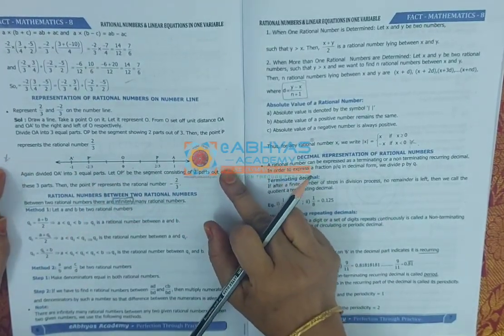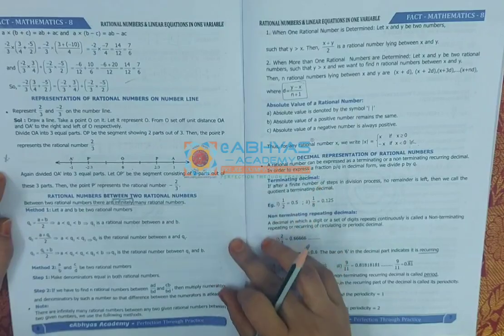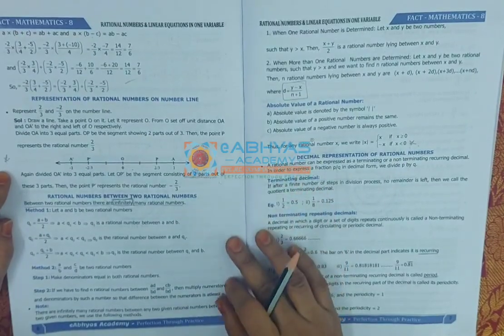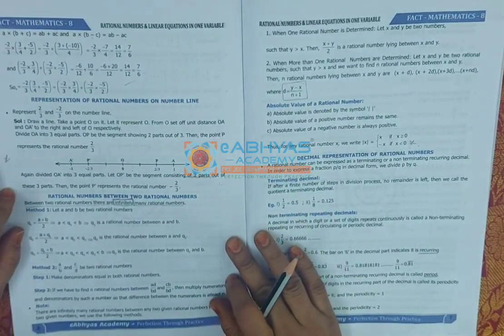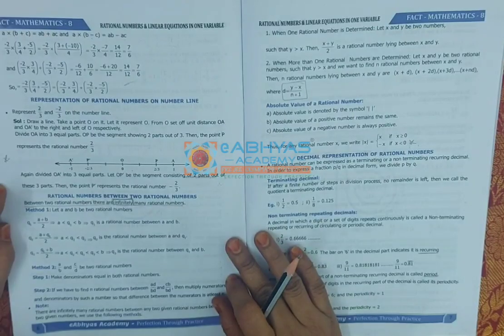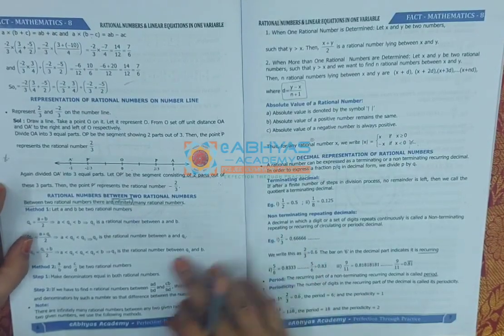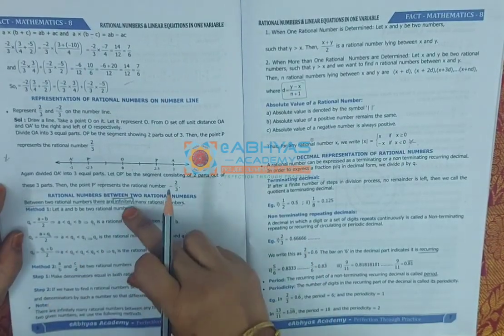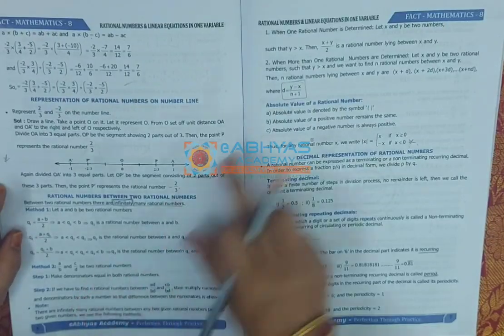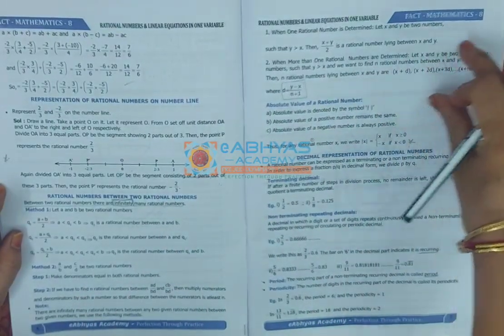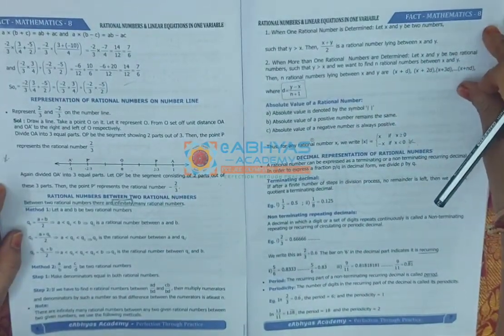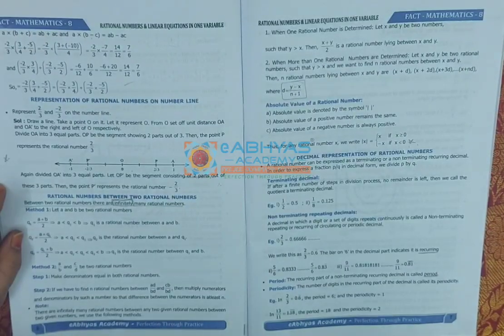Here we have given a very easy method with a small example, and how to find the rational numbers between two rational numbers. Here we have given formulas. If you go through these formulas, the student can easily understand how to find the rational numbers between two rational numbers.